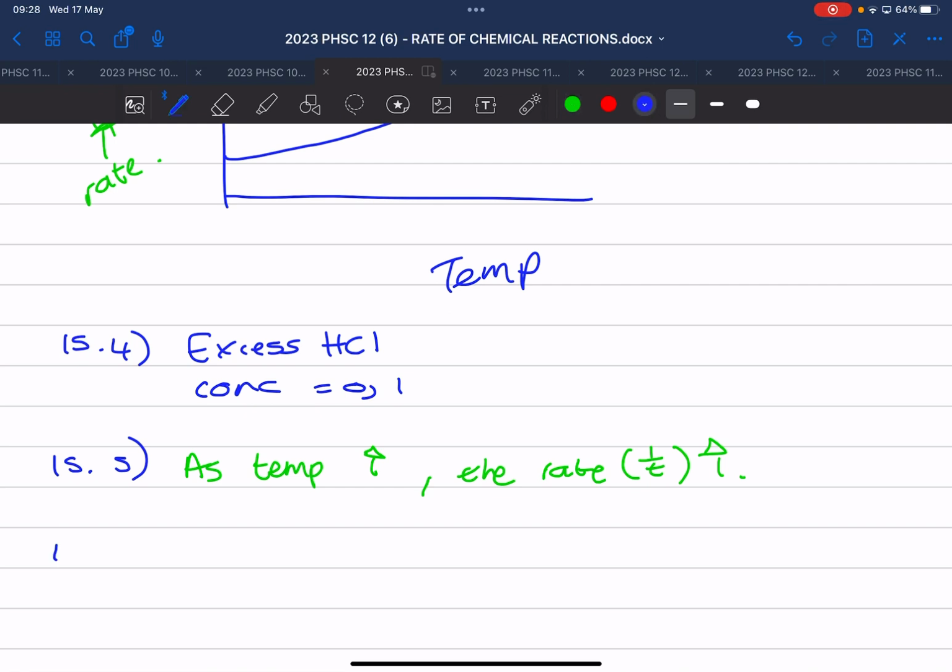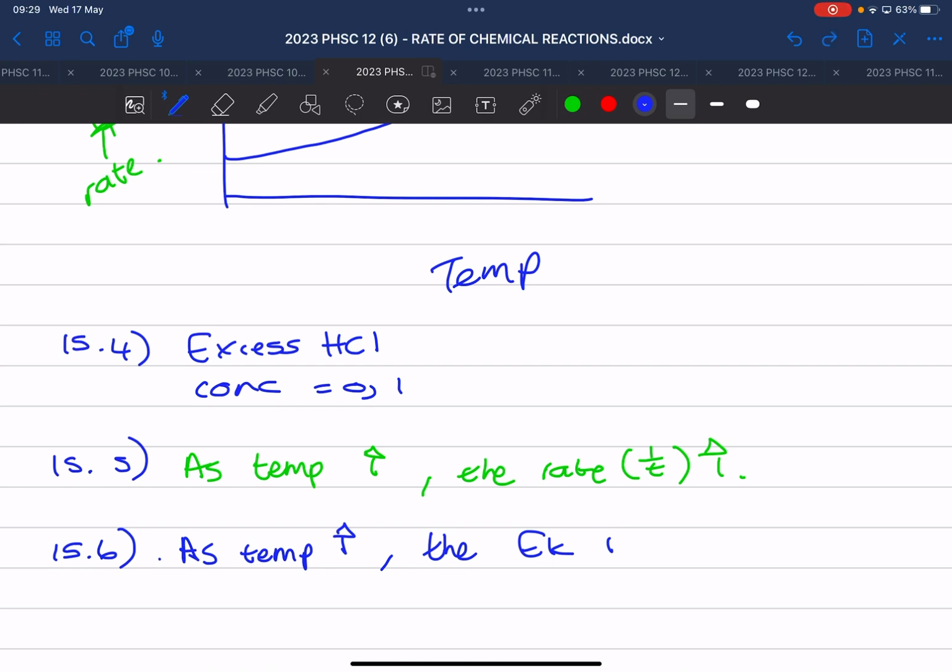Then 15.6. Use the collision theory to fully explain the answer to question 15.5. Now we're going to do that sentence. Mama, go for it. As the temperature increases, yes, the kinetic energy of the particles increases.